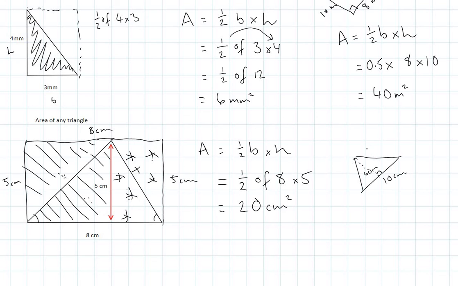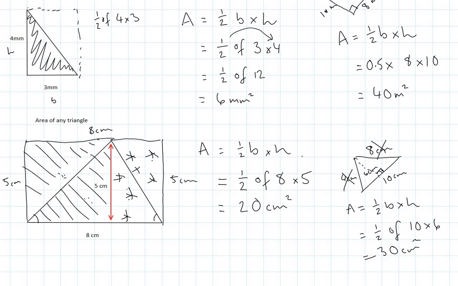They might say this is 8 centimeters and this is 4 centimeters here. These guys are just a distraction. You only want the base and the height at right angles. Half the base times the height has got to be at right angles. So half of 10 times 6, 10 times 6 is 60, half it, 30 centimeters squared.